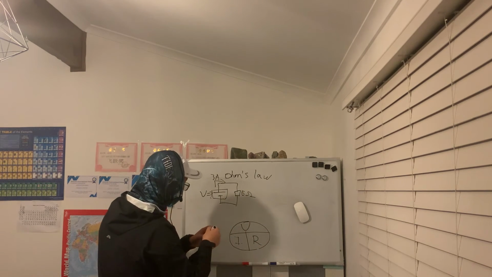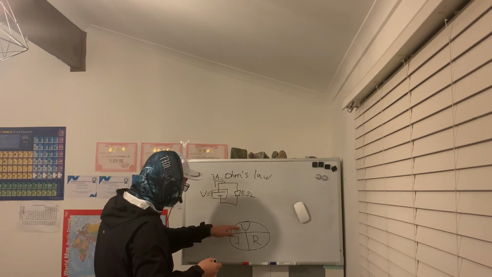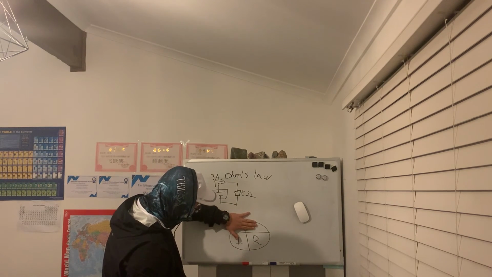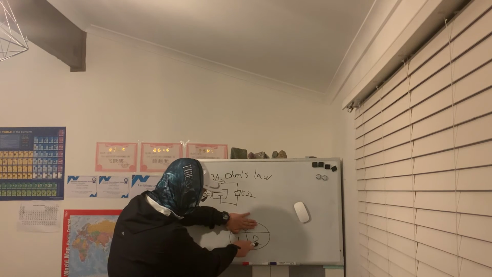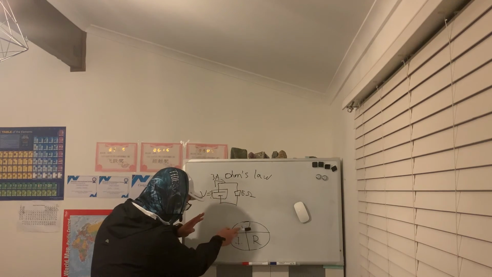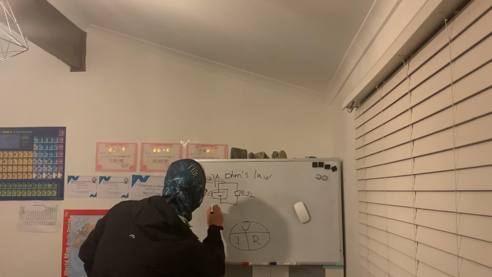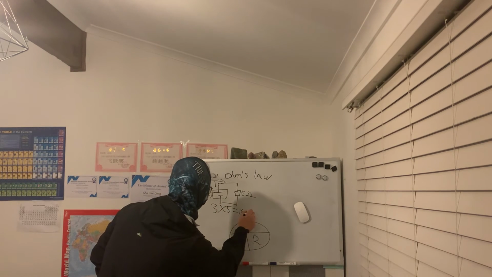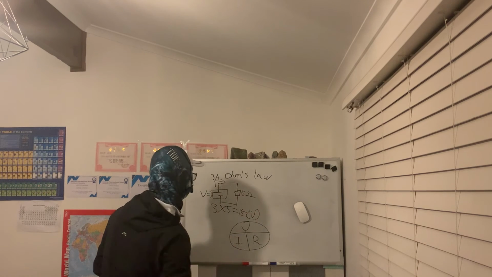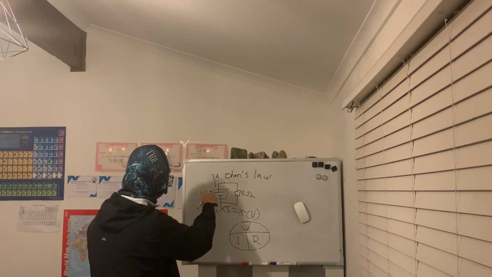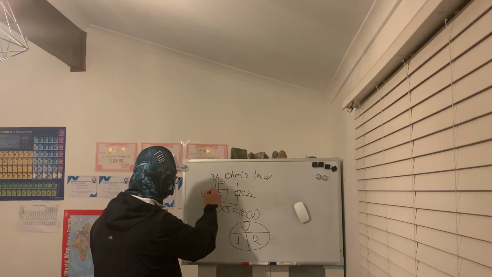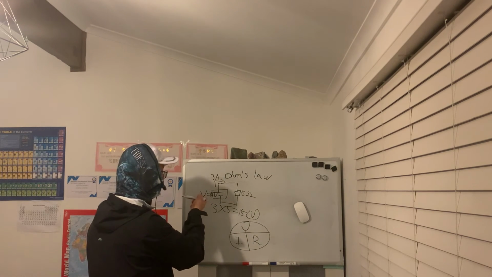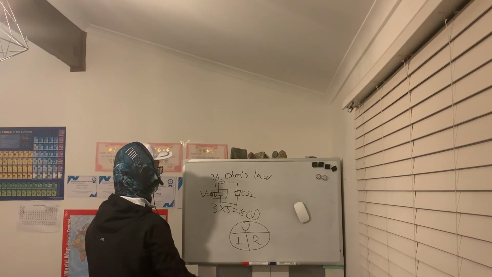So it asks you for voltage. So you cover the voltage with your hand, and you get I times R, which gives you the answer. So you get 3 times 5 equals 15 volts. So V equals 15 volts. Don't forget the unit. Only a silly guy forgets the unit, okay?